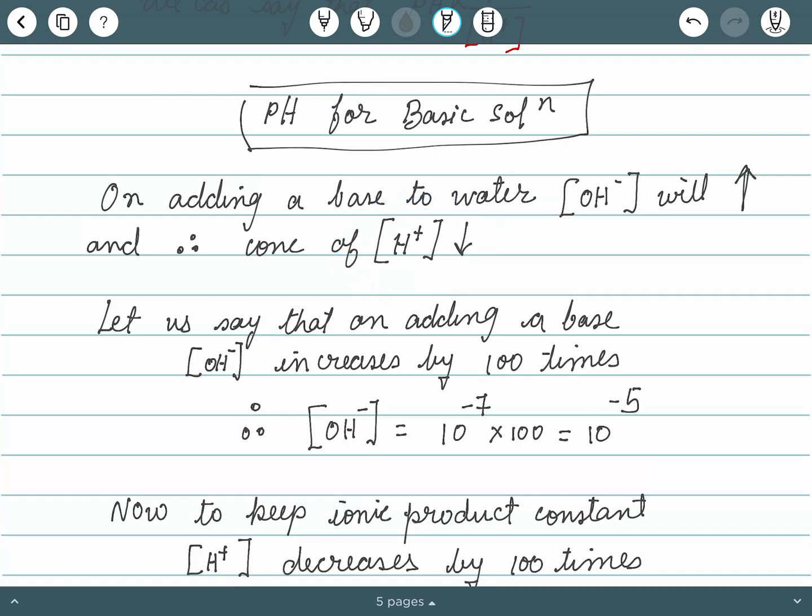So if I increase the concentration of OH minus by 100 times, the new concentration of OH minus would now be 10 to the power minus 7 times 100, because neutral water has 10 to the power minus 7 moles of OH minus. I have added base and I have increased the concentration of OH minus by 100 times. So the new concentration of OH minus now is 10 to the power minus 7 times 100, that is 10 to the power minus 5.